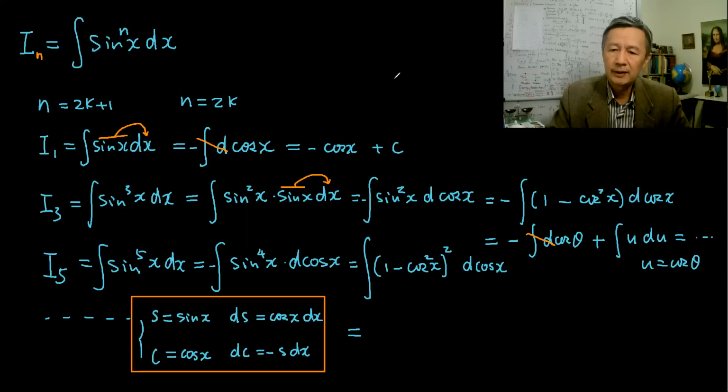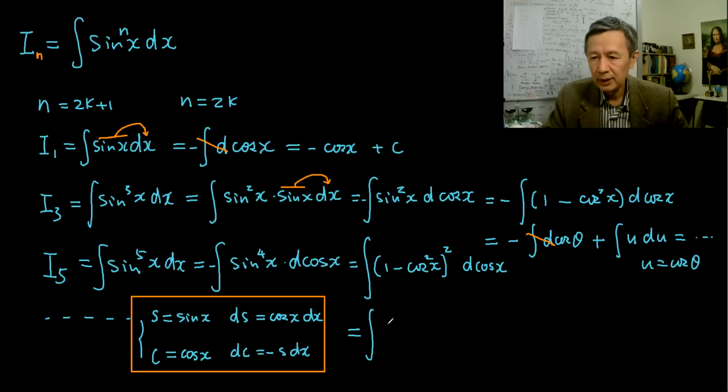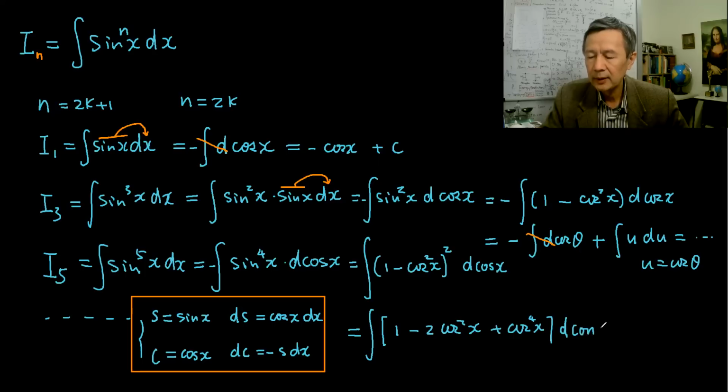Using the basic algebra formula, that would be 1 squared minus 2 cosine squared x plus cosine x to the power 4, d cosine x.